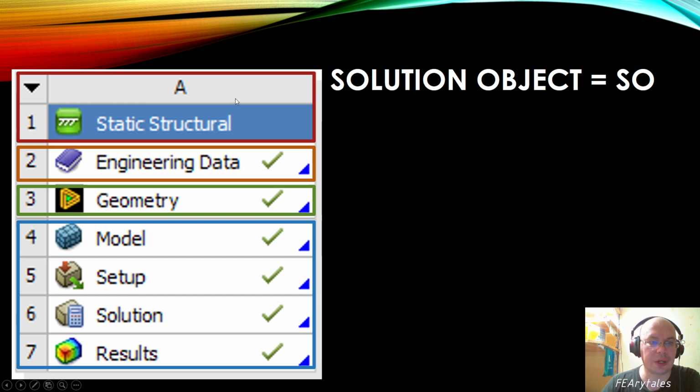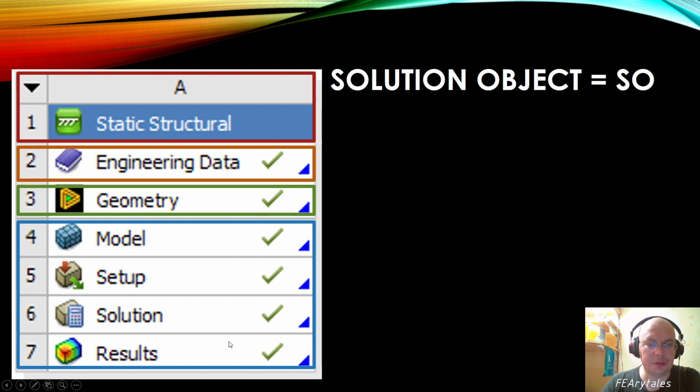So, as we said previously, A is the name of the object. It's the number of the object. Static structural is the name of the type of object. It can be static structural, it can be thermal transient, it can be any type of object from analysis system and any type of object from custom system.